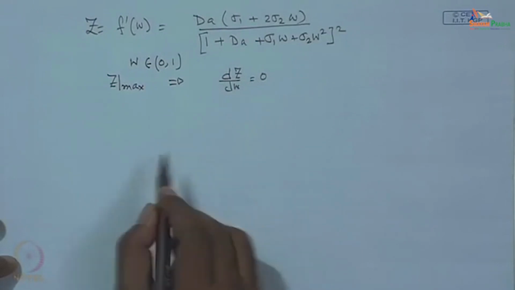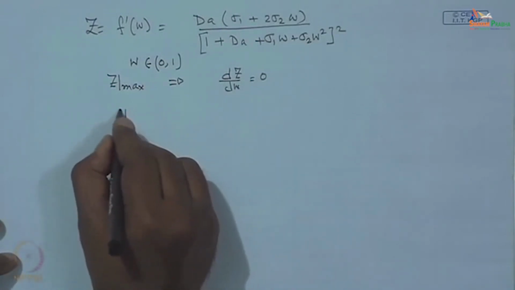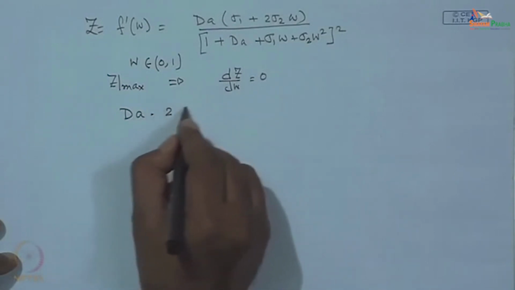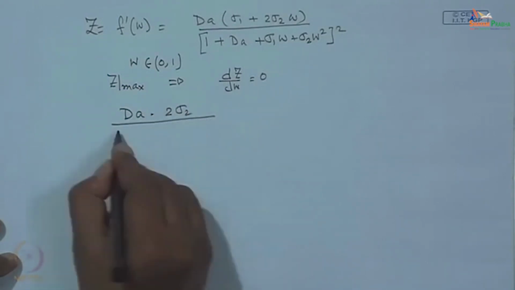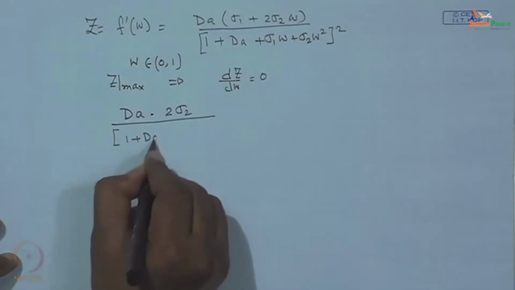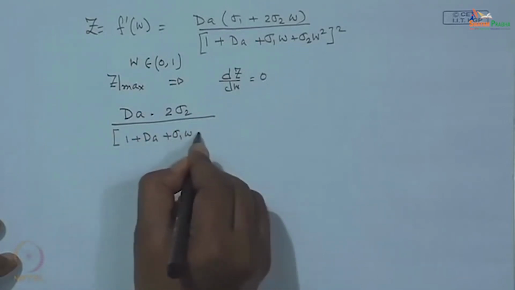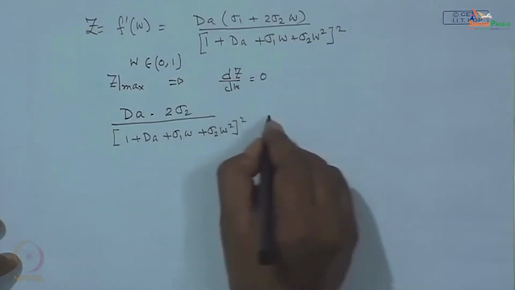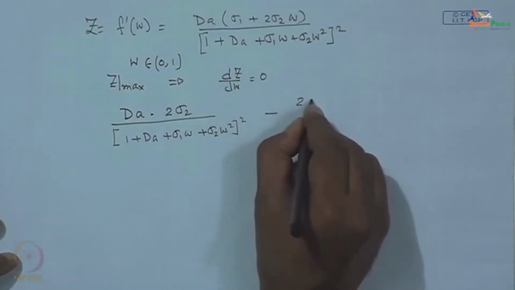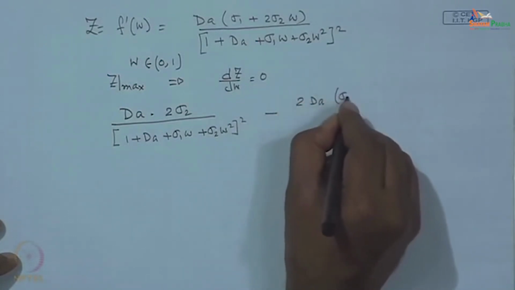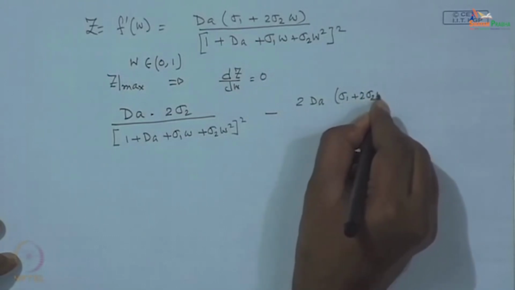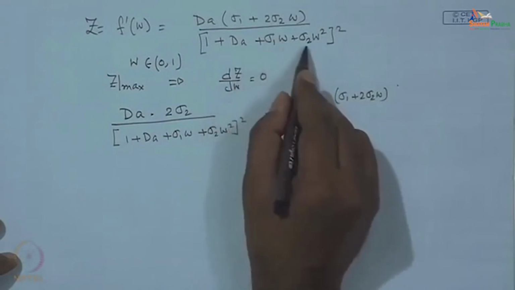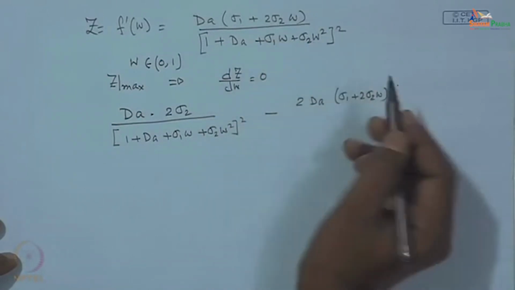So, if you do that, then this becomes dA times 2 sigma 2 divided by 1 plus dA plus sigma 1 w plus sigma 2 w square, squared, minus 2 dA times sigma 1 plus 2 sigma 2 w, and the differentiation of this becomes sigma 1 plus 2 sigma 2 w.